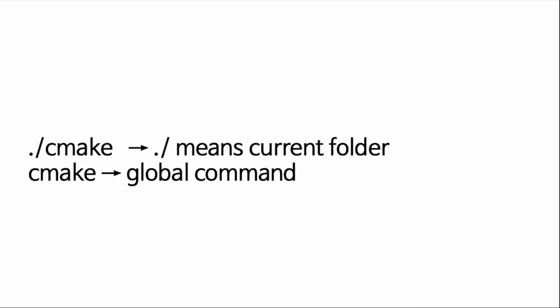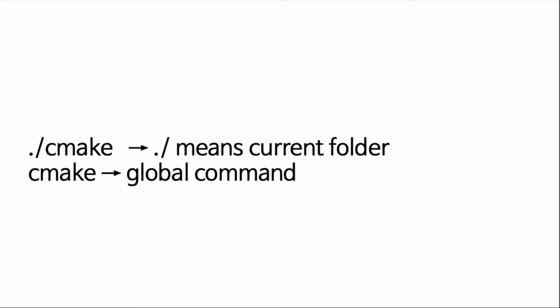But if you remove ./, this means a global command. The computer distinguishes between these two commands. So if you just type cmake, the computer recognizes it as a global command. But if you want to use cmake as a global command, you have to register the path of cmake to Linux.